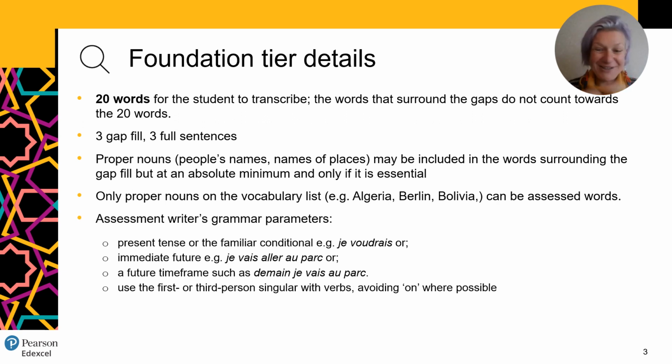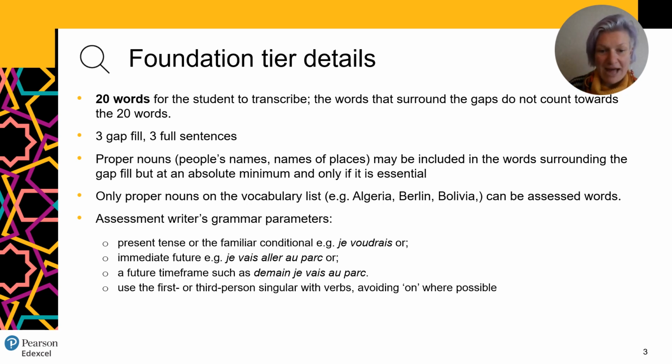So if you had a job writing dictations for EdXL, then these are the instructions that we would give to you as part of the work you would be doing. So we're going to share them with you as well for complete transparency on that. The writers are told that the dictation for the foundation tier here can be presented in the present tense or using a familiar conditional tense.